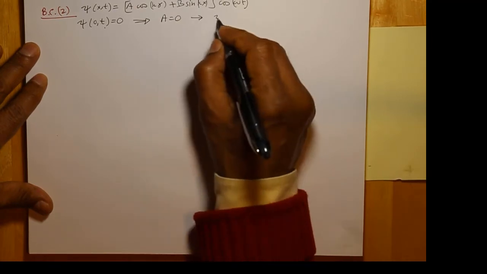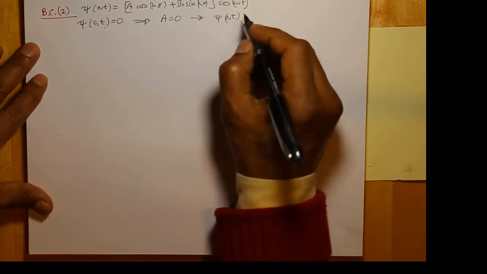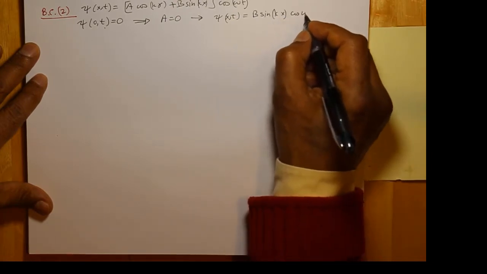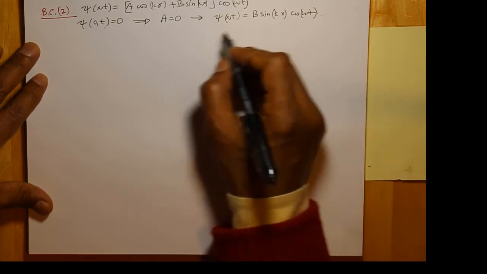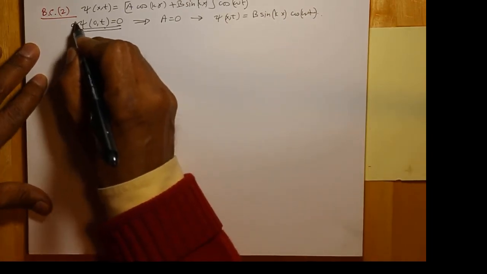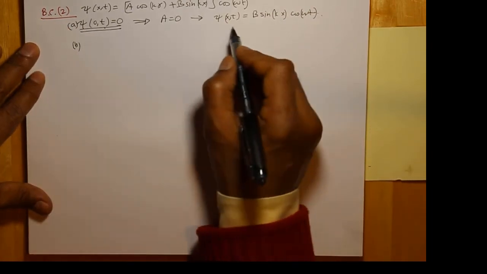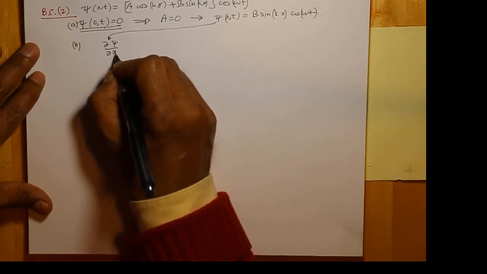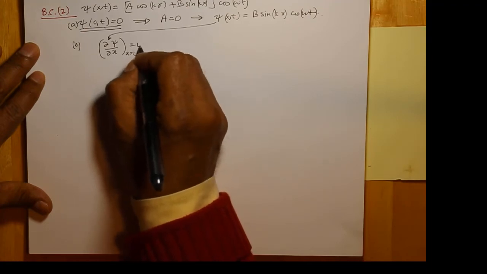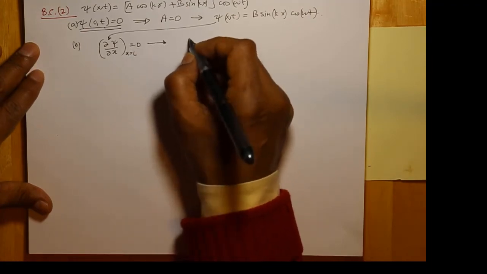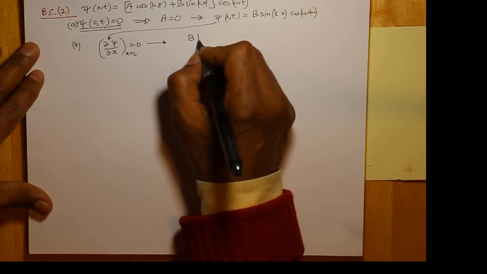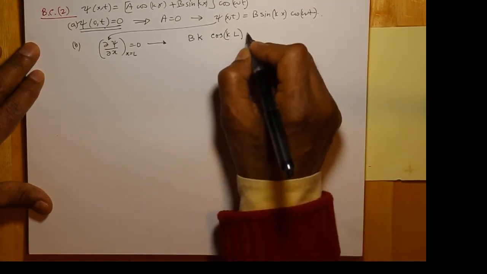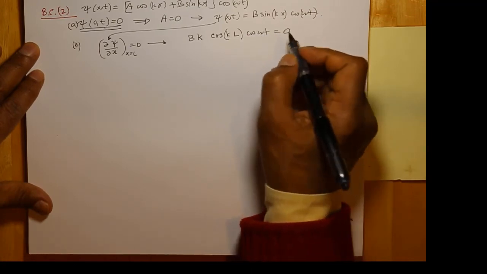That would mean psi x t simplifies to b sine kx cosine omega t. So far it looks the same because this condition is the same. The second condition is I need to take a derivative of this and set it to 0, d psi dx at x equal to L equal to 0. So when I proceed with that, I get b k cosine kL cosine omega t equals 0.